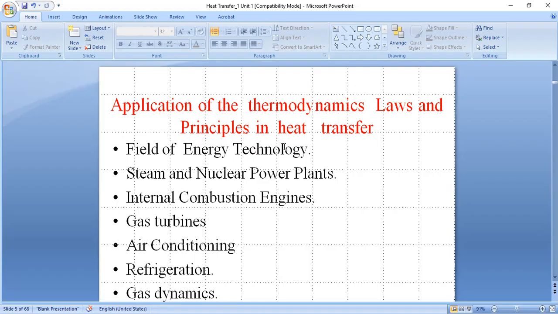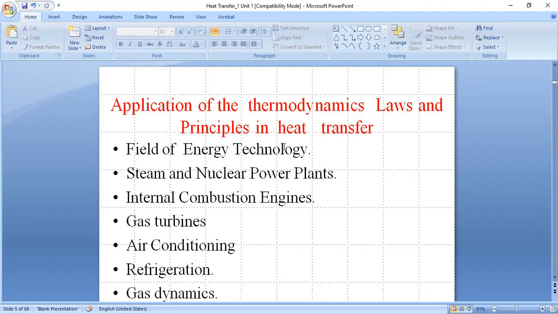The second is steam and nuclear power plants. A steam power plant generates electricity, and nuclear power plants use uranium to generate electricity. Next, internal combustion engines, especially SI engines and CI engines.